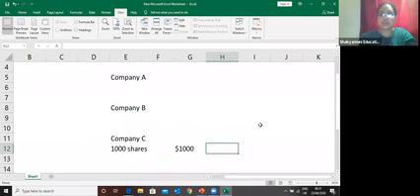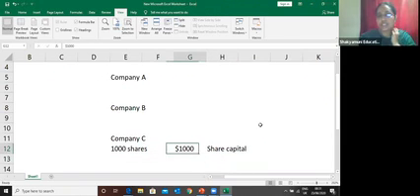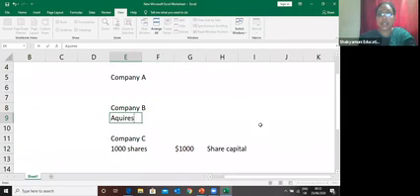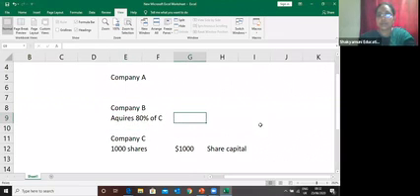Out of this $1,000 share capital, company B acquires 80% of C. Assume the acquisition is at par value, that means face value, that means $800, right?